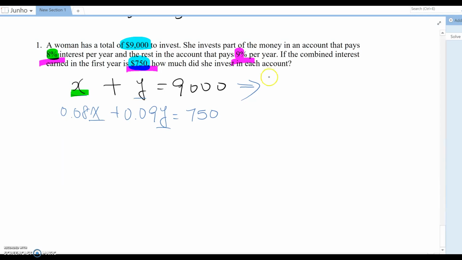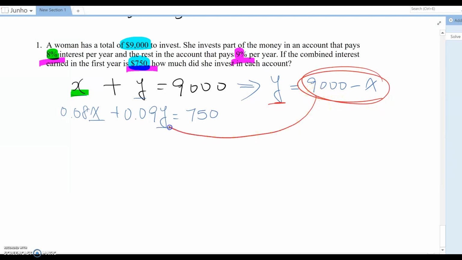I will solve for Y. So Y becomes 9,000 minus X. Then I can replace Y with this amount, which means you put this amount into here.